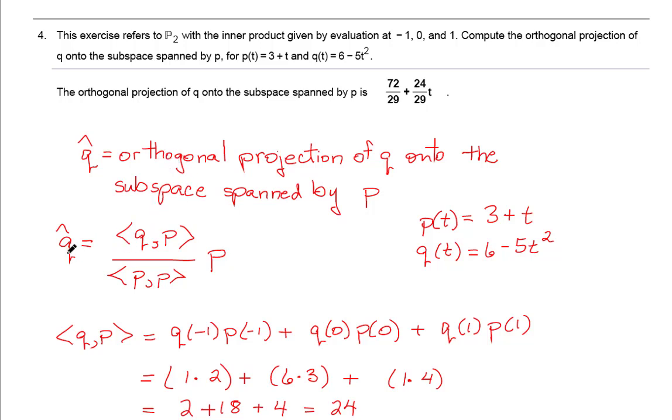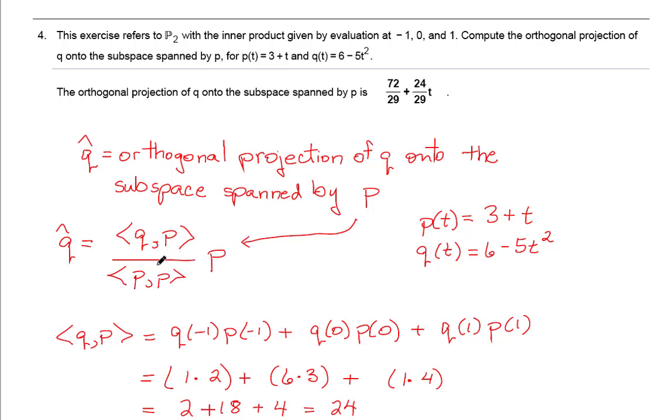This projection is defined as the inner product of Q and P divided by the inner product of P and P, the thing we are spanning, and here's my spanning vector P.